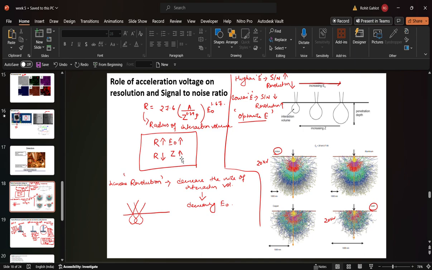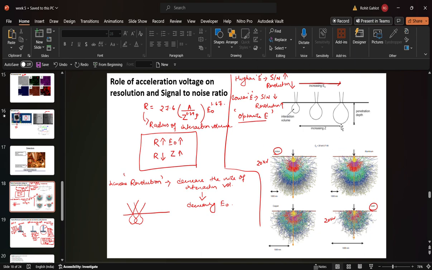And similarly the relation with your atomic number is like this. And for improving the resolution, you decrease the size of your interaction volume by decreasing the electron volt. And similarly here also I have summarized this.